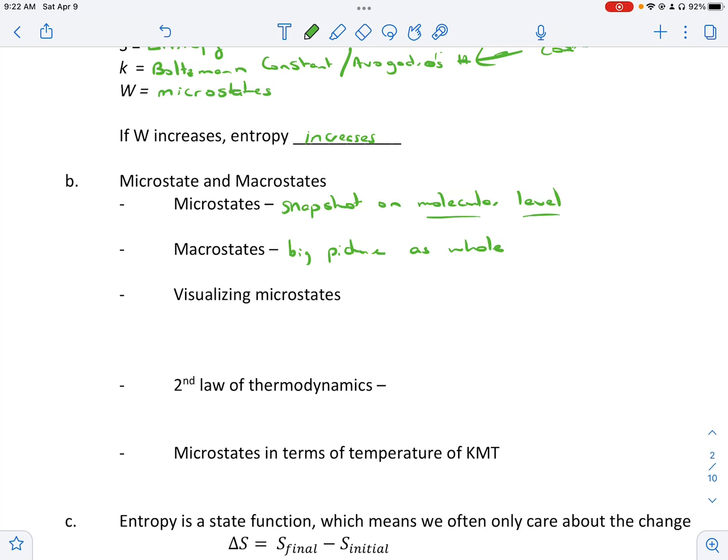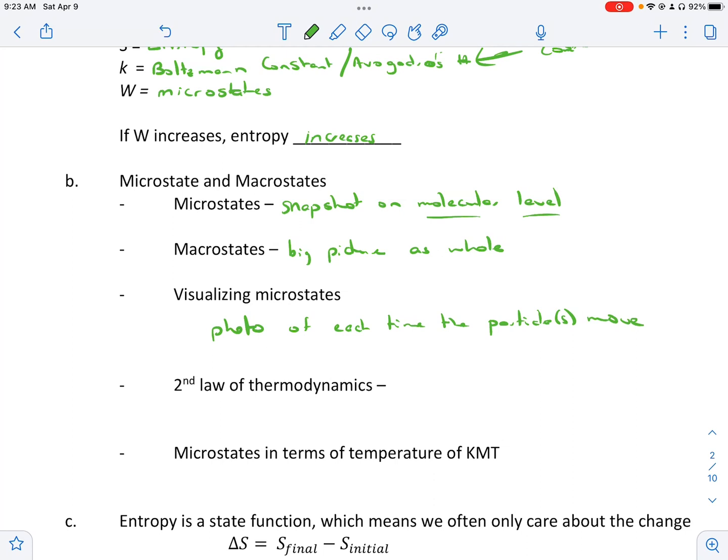So think about the millions and millions of microstates that we could have. All right. So microstates, we're taking a photo of each time the particle or particles move. So that's kind of an aggressive amount of microstates, which is why you'll never have to calculate that because who can actually count how many microstates we have?